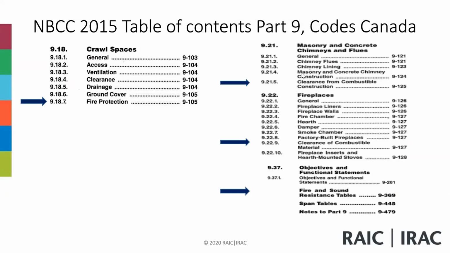So there are fire protection provisions related not just to the chimney construction, but to the clearances from combustible construction. Same thing for fireplaces. And the fire and sound resistance table at the end of part 9 is where we're going to reference the fire resistance of certain types of assemblies that require them.